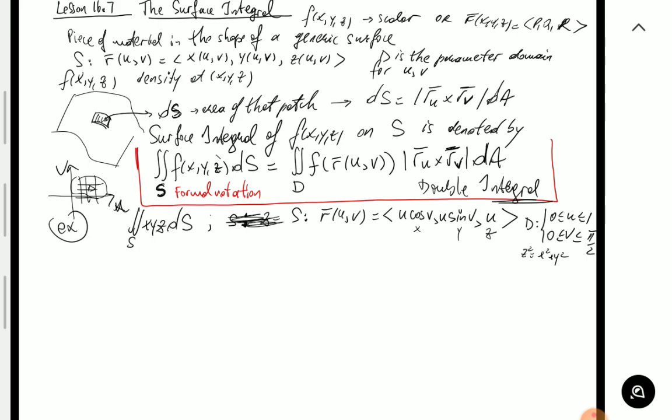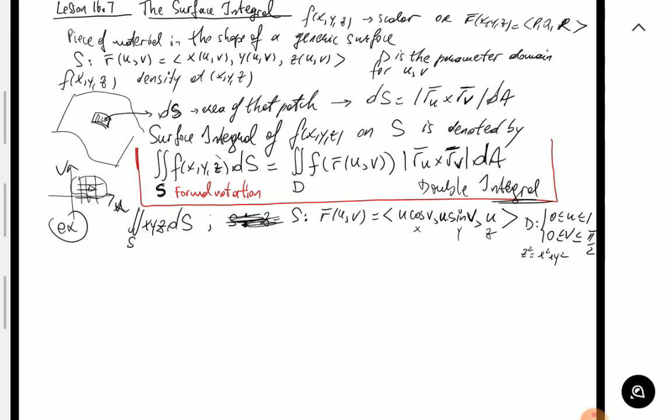I'll get back to that in a moment, because this shows you that when you choose the parametrization for a surface, you've got to be careful and make sure you choose the one that is advantageous and not the one that makes your computation harder. But let's get back to the setup of the double integral. Once again, this is the surface, this is the parameter domain, u between 0 and 1, v between 0 and pi over 2.